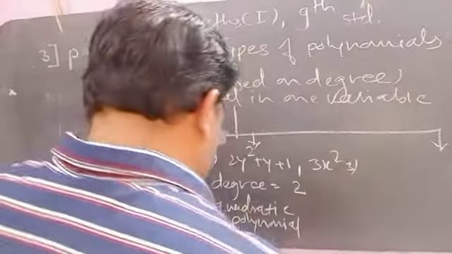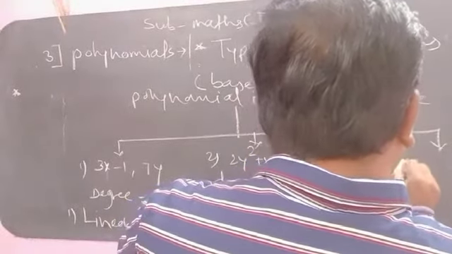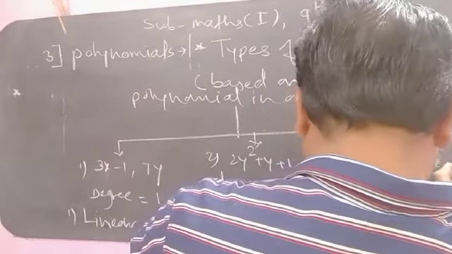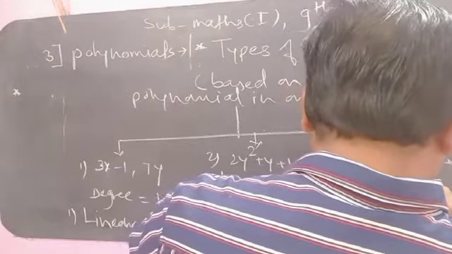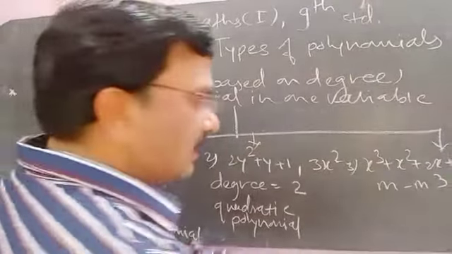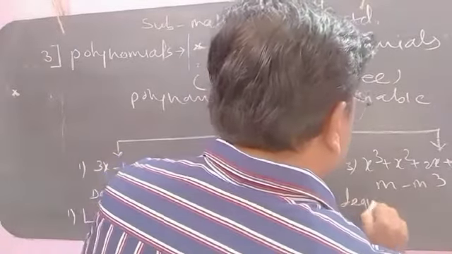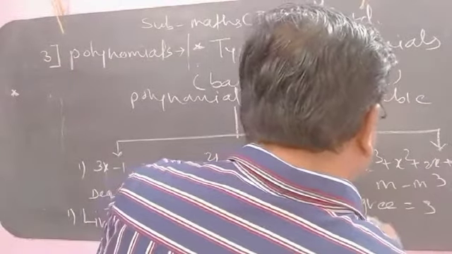And third type is x cube plus x square plus 2x plus root 3, or m minus m cube. Here the degree is 3, the maximum power is 3 in the third example. It is a cubic polynomial.